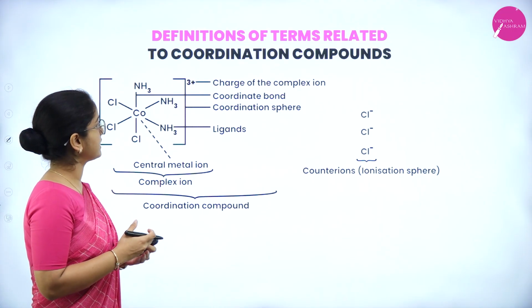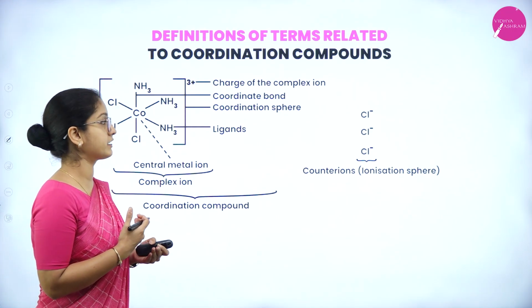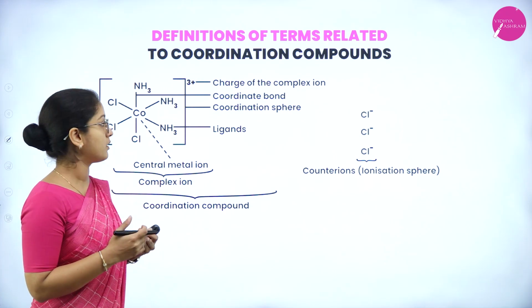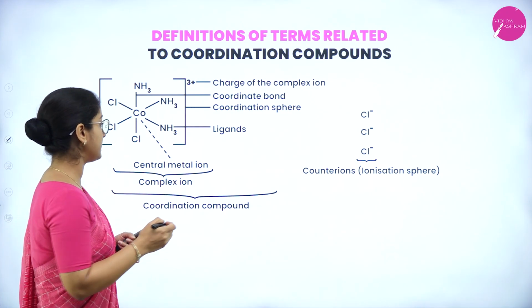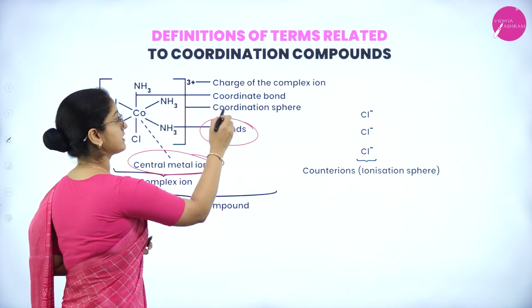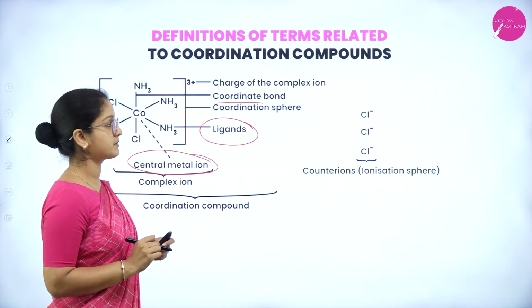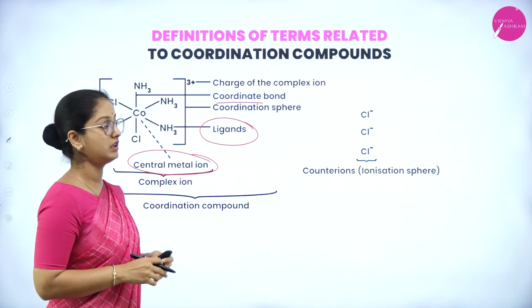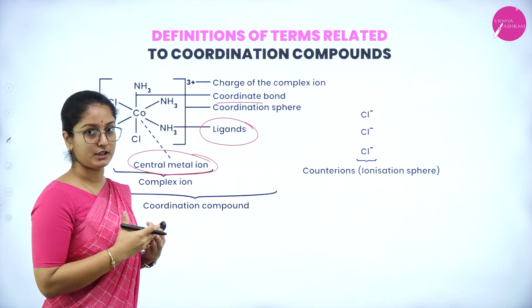So now let us see definitions of terms related to coordination compounds. The terms that we come across are mainly central metal atom and ligands, and there is the coordinate bond, coordination sphere, and charge of the complex ion, and how they are associated.